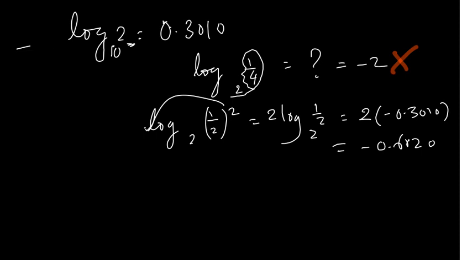So let me put this question in a different way now. Log x to the base 2 equal to minus 0.6020. Tell me the x value.